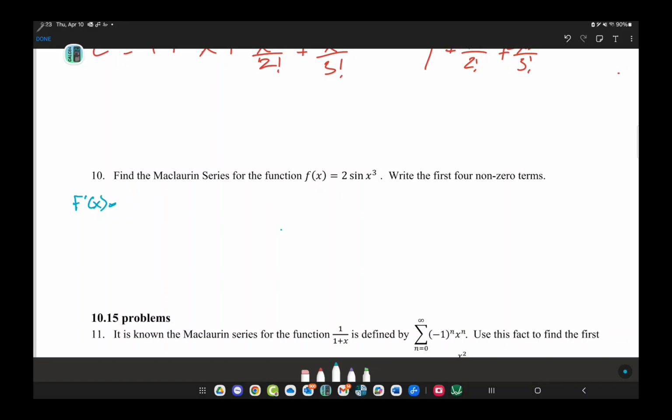F of x is sine. Write out sine x and then take derivatives. Then f5 would be 6 x squared sine or cosine x cubed.